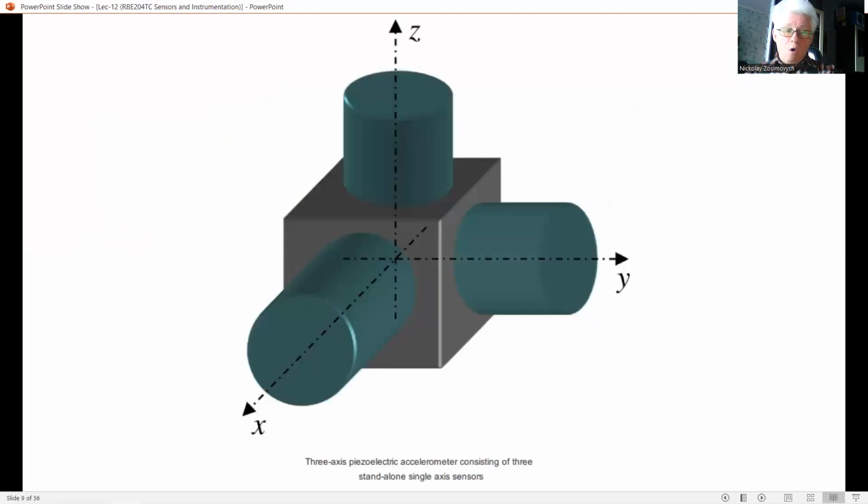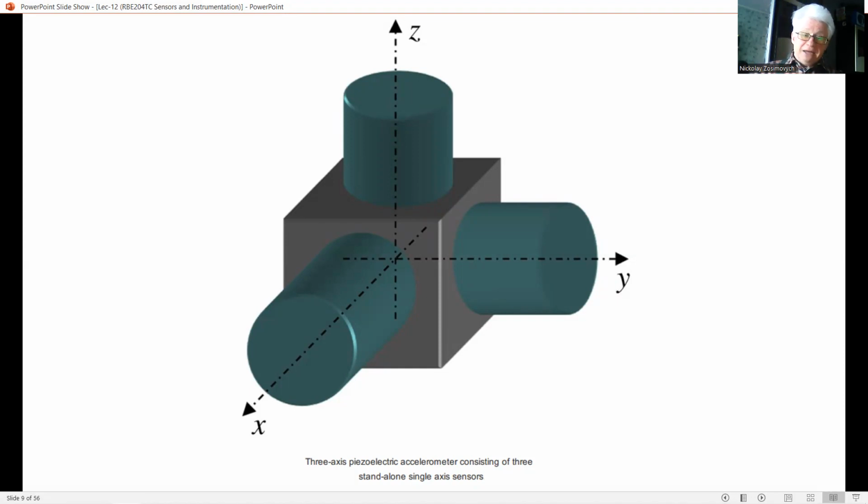When two or all three components of a force or acceleration vector have to be measured, multi-axis sensors should be applied. The earlier three-axis version usually consists of three separate sensors mounted orthogonally in a single housing, as shown schematically in this figure.